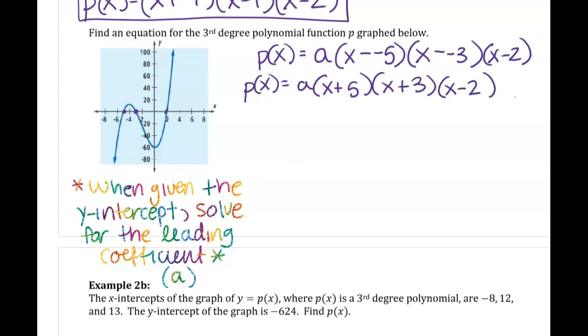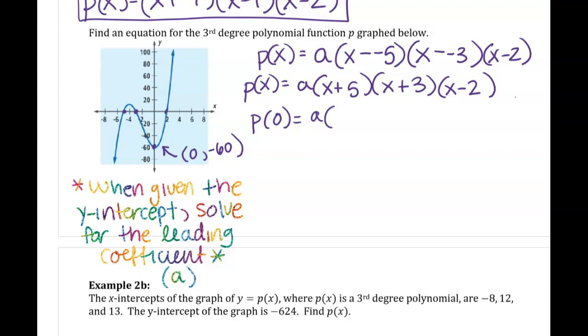What do we know? Well, that's our y-intercept, and it's 0, negative 60. So I know that p of 0 is a times... Sorry, we're not putting in negative 60, are we? X is 0.